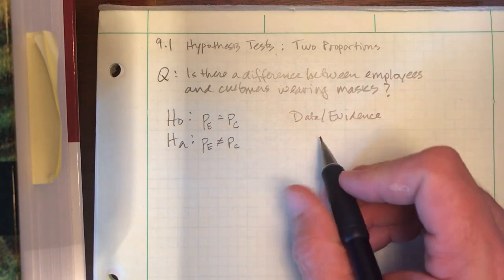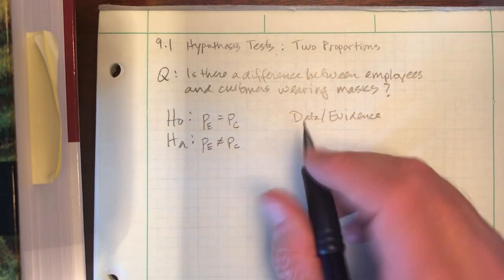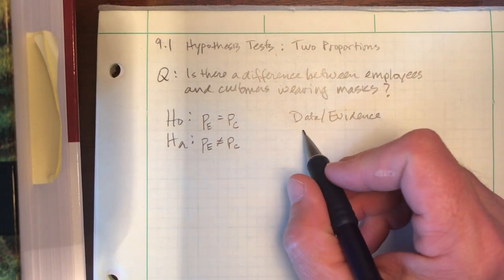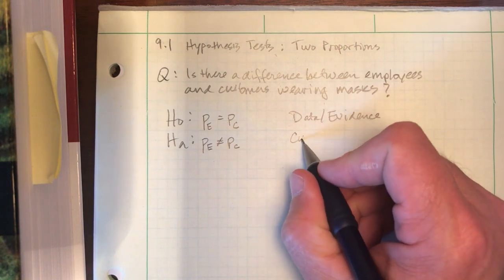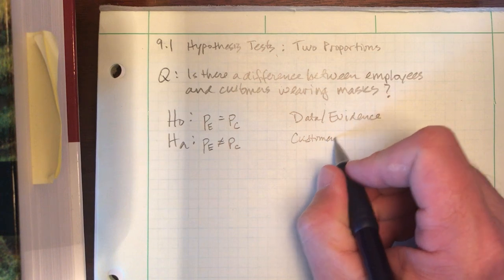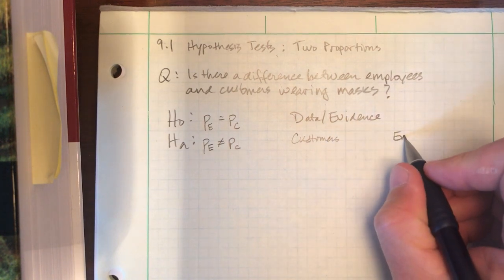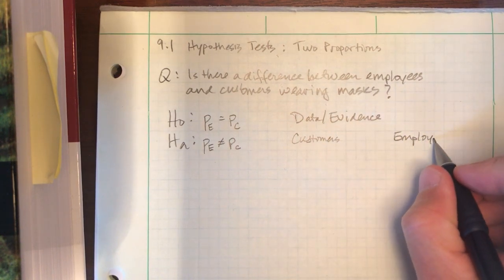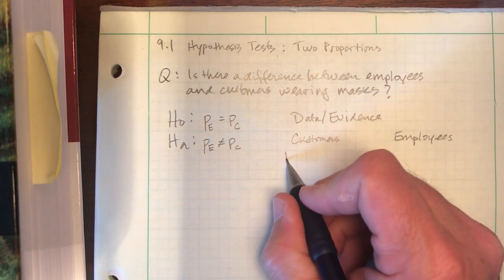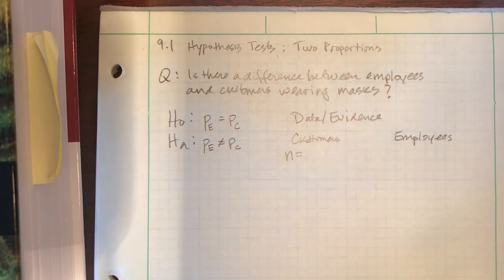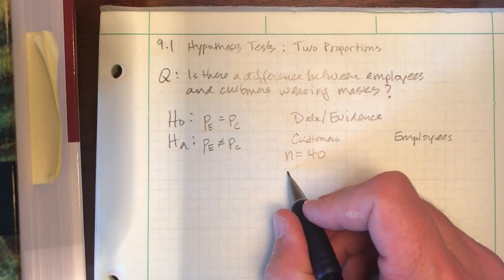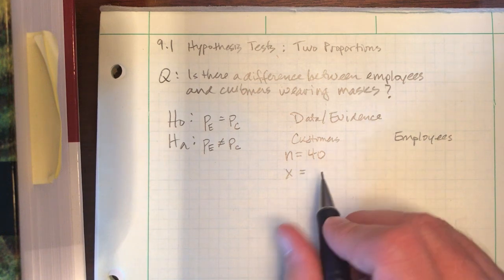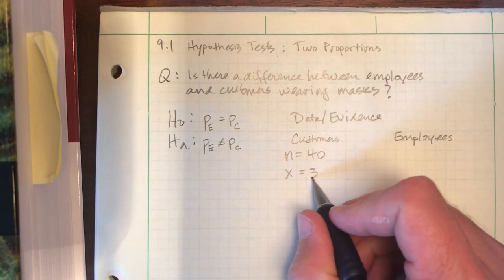So let's say we've got my two groups. Let's start with the customers. I've got my customers, and I've got a group employees, and the data starts with how many customers did we survey. Let's say there were 40 that we observed. How many were wearing masks? Let's say 36.